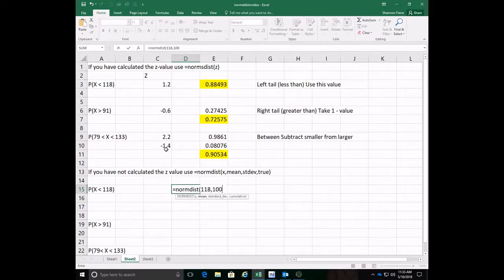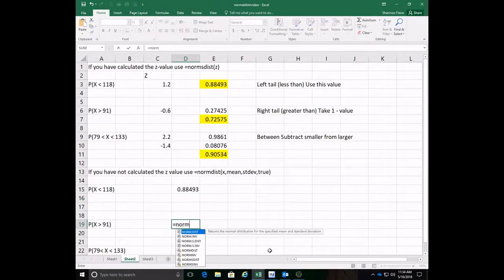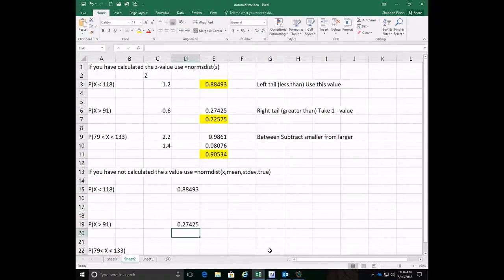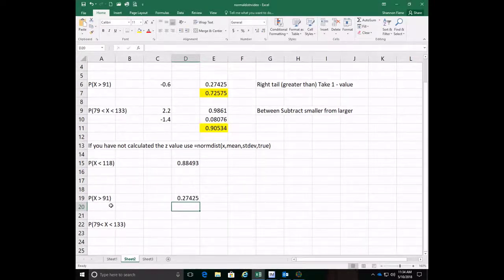You put in your mean, comma, your standard deviation, and then we just type the word true. And it will just return our probability. Equals NORM.DIST. Put in your x, your mean, your standard deviation, and the word true. Again, you have to know that this is a right tail test, so you have to subtract it from 1 to get the correct value.